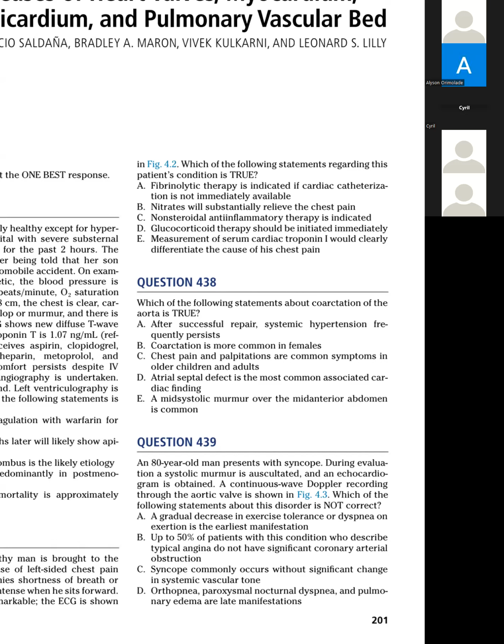Due to hypoperfusion to the GIT, there is ischemia, infarction, so that infarcted part can be easily ruptured, leading to a GI bleed. I'm just thinking aloud, I don't know if I'm right or not.